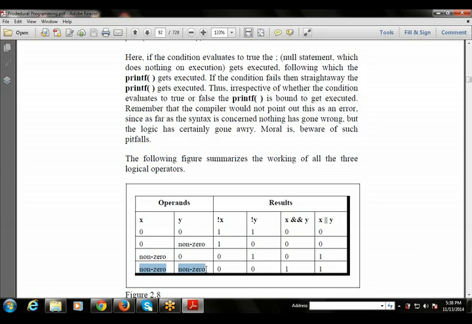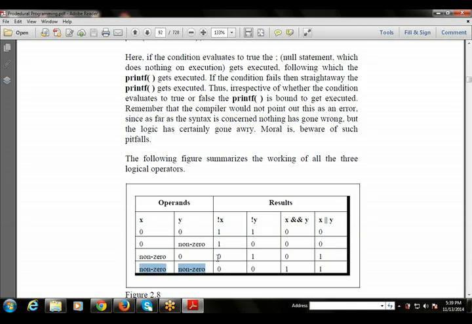Here, both the conditions are non-zero, that is, both the conditions have some value. That is 1, that is, both the conditions are true, because 1 is represented by true and 0 is represented by false. So both the inputs are 1, then the output is also 1. That is true.